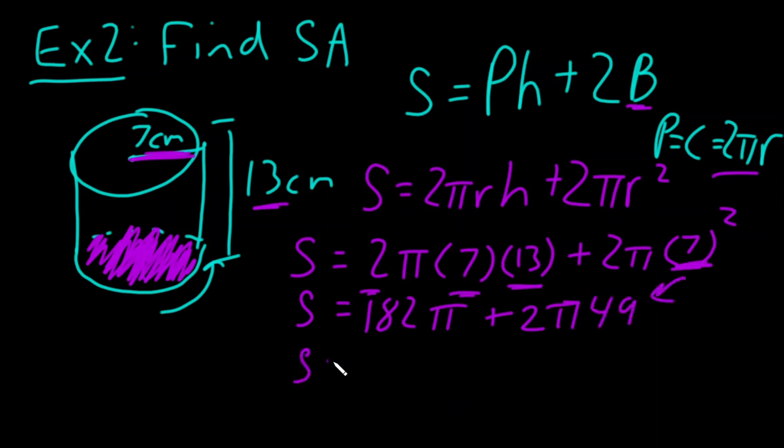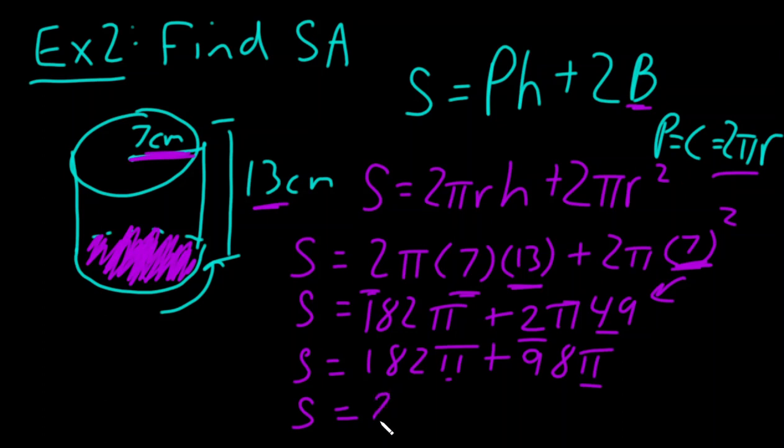And we're going to say, hey, our surface area is equal to 182 pi plus, well, we're going to do 2 times 49. And we know that 2 times 49 will give us 98 pi. And since these both have a pi, it's just like adding like terms. So we can do 182 plus 98.